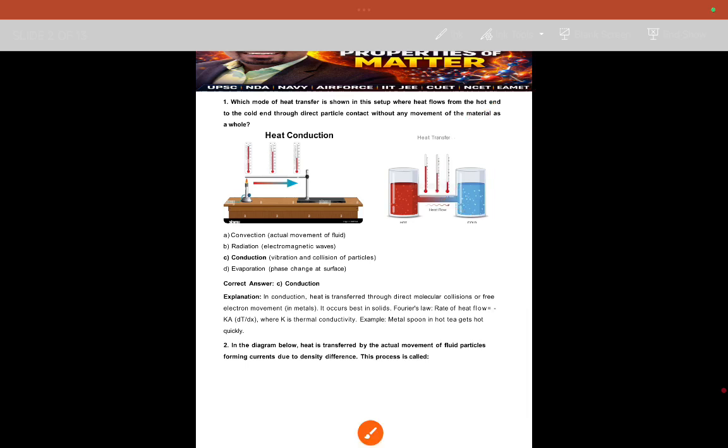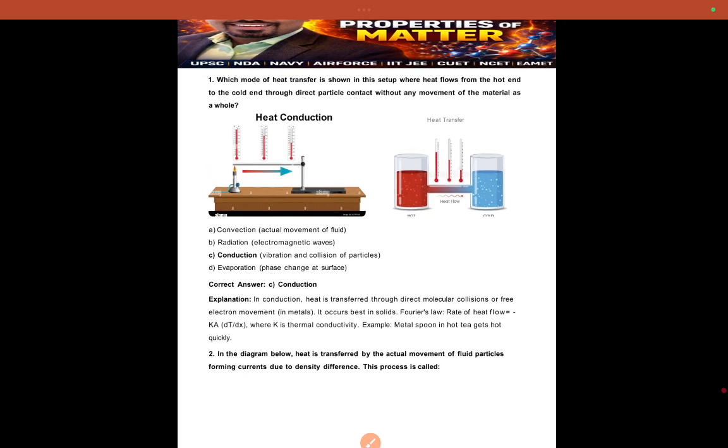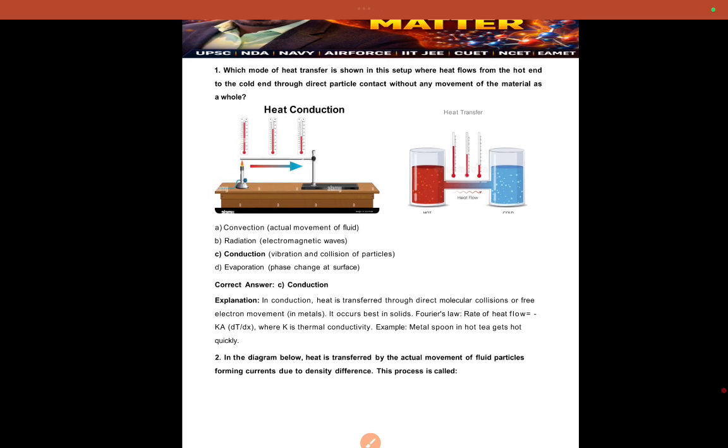Okay, without wasting time, let's go to the first question in the series. Which mode of heat transfer is shown in this setup, where heat flows from the hot end to the cold end through direct particle contact without any movement of the material?